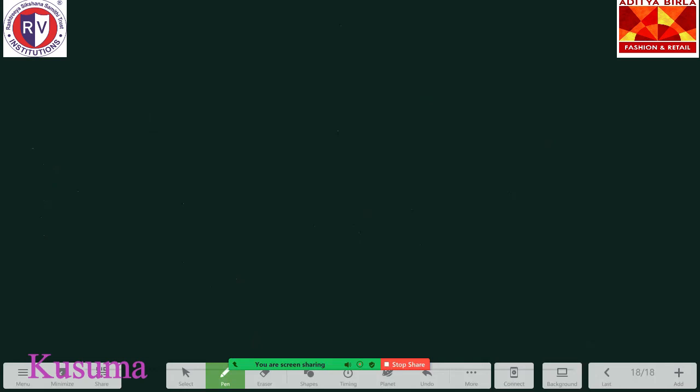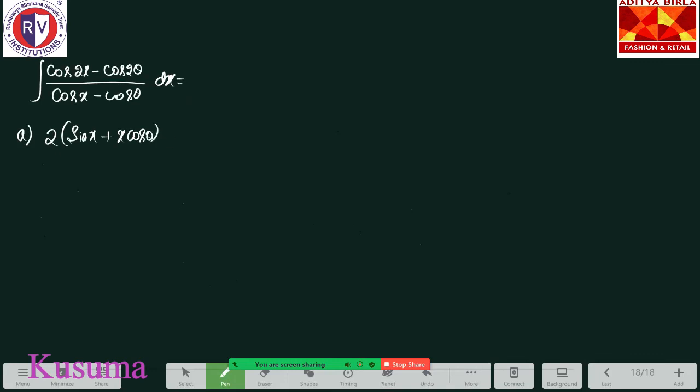Question number 52. Integration of cos 2x minus cos 2 theta divided by cos x minus cos theta dx is equal to. Option A, 2 into sin x plus x cos theta plus c.